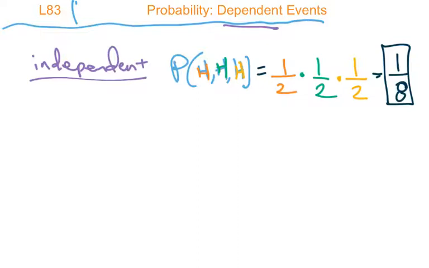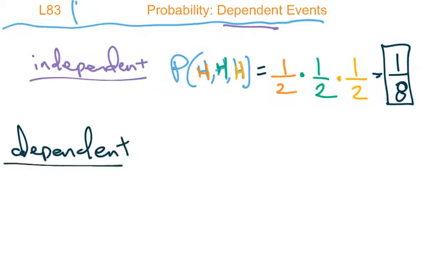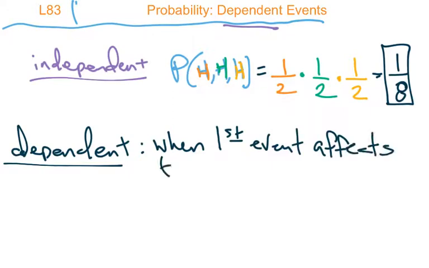Another thing we've done, but now your official lesson is telling you to do it, is dealing with dependent events. Now remember, let's write this down. When the first event affects the second. So I would think about maybe if you were going to a party and you saw that they had laid out all these types of sandwiches like roast beef and turkey and vegetable, whatever, and you're someone who wants the roast beef, and when they call the line, you're like, oh, I hope I get roast beef, and you get back in the line, and you know the roast beef's very popular, and you see people just grabbing them off the plate.